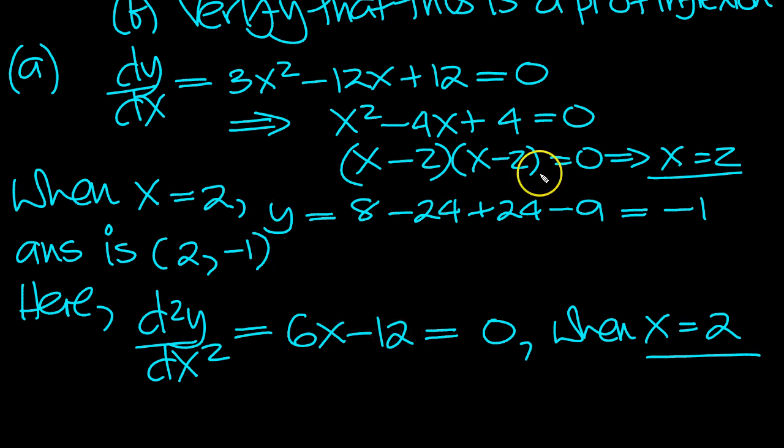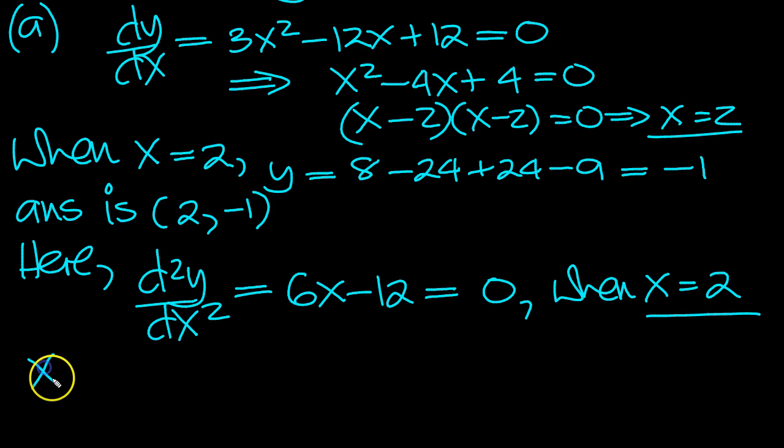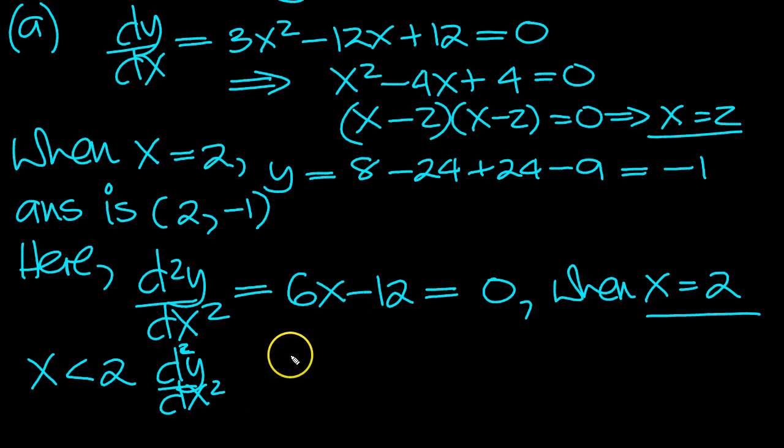So is it a point of inflection? When x is less than 2, oh sorry, d2y we want, don't we? And it changes sign, if we can see. When x is less than 2, d2y by dx squared is going to be negative.